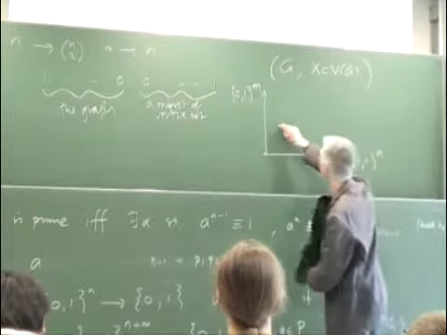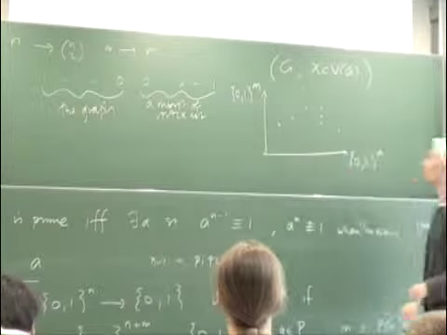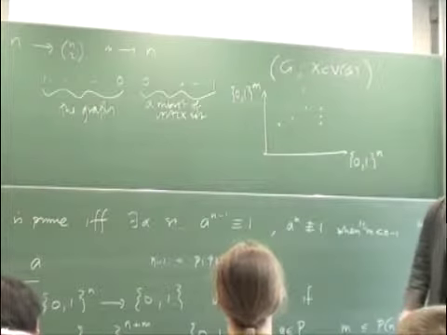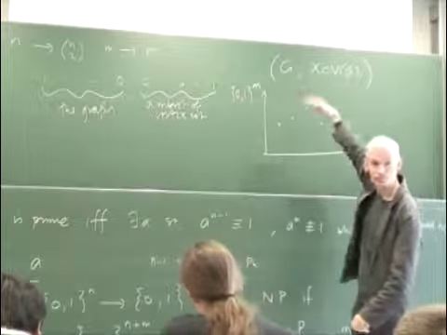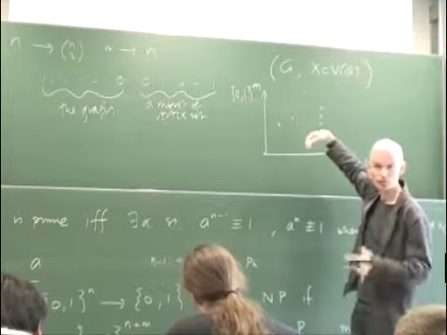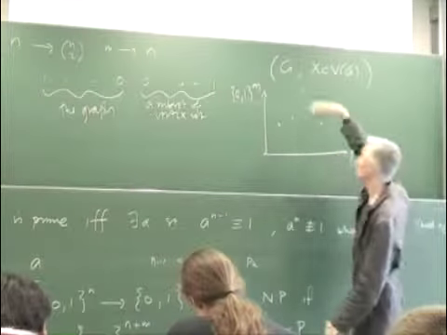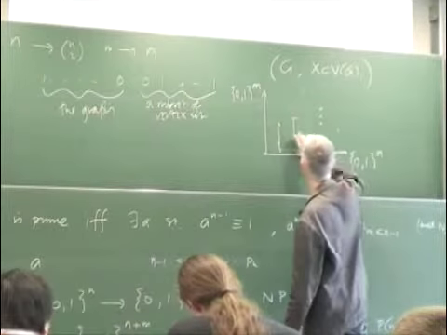So that will be some subset like this of 0, 1 to the n cross 0, 1 to the m. And what is the Boolean function f if it's in NP? So if this is representing the Boolean function g, the Boolean function f is the projection of this function, or it's the set corresponding to the Boolean function f is the projection of the set that corresponds to G down onto the 0, 1 to the n axis.